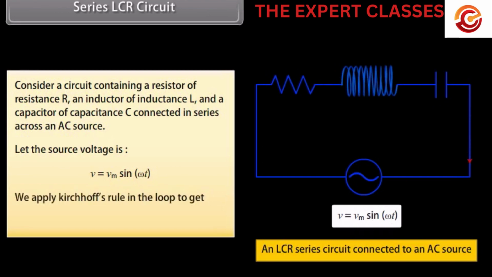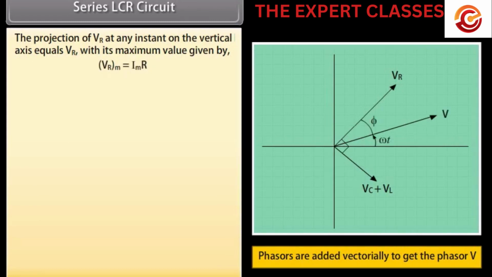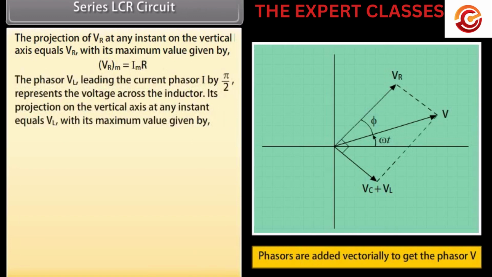We apply Kirchhoff's rule in the loop to get V is equal to VR plus VL plus VC. The projection of VR at any instant on the vertical axis equals VR with its maximum value given by the product of Im and R. The phasor VL leading the current phasor I by pi by 2 represents the voltage across the inductor.